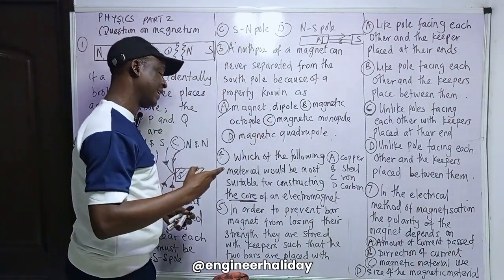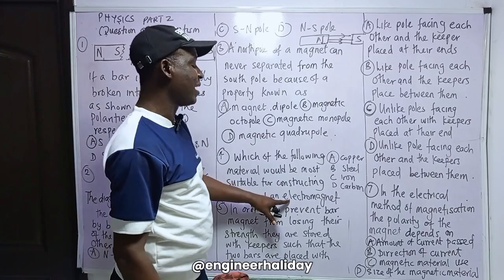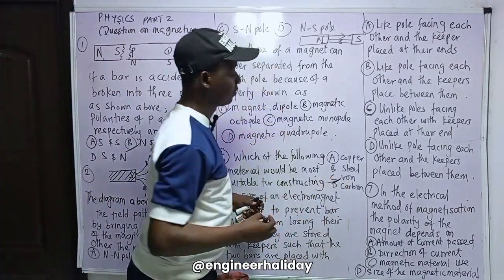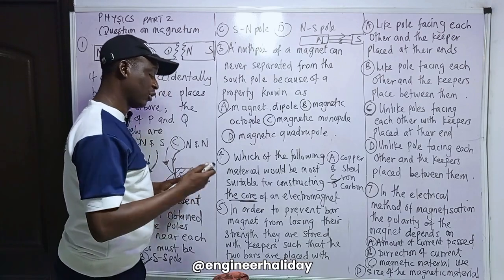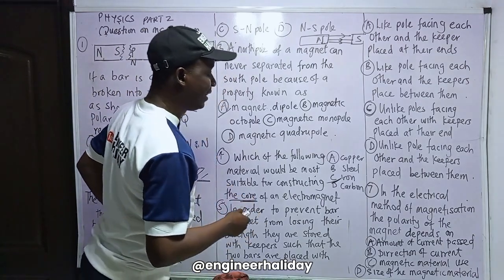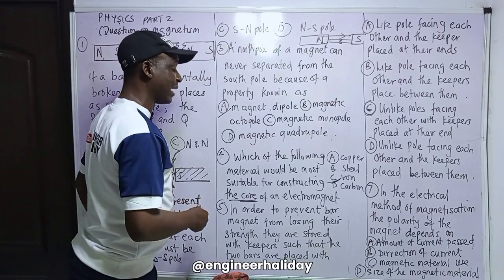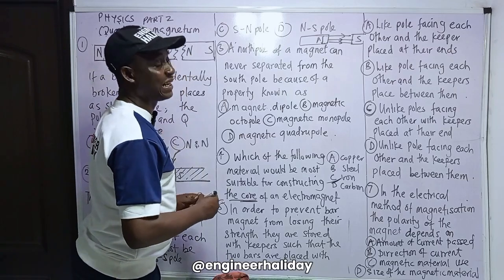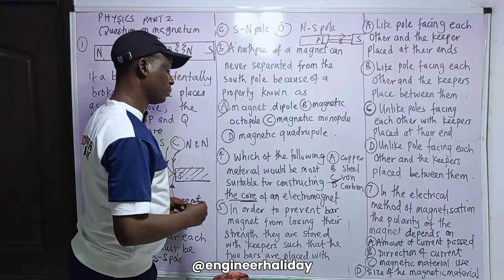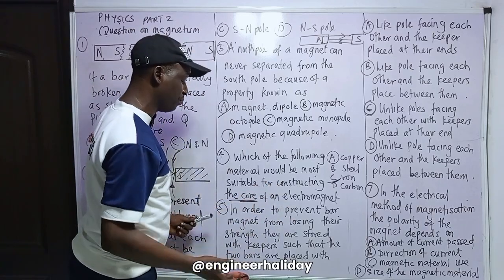But since an electromagnet requires a temporary magnet, not a permanent magnet, I will go for iron. Don't forget, to construct an electromagnet, the better material to use is iron, because we need the material to be easily magnetized and easily demagnetized. An example of an instrument that requires an electromagnet is the electric bell.